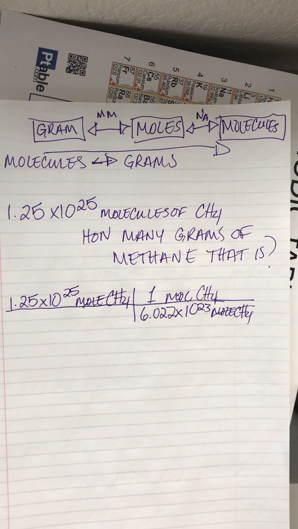So what's our next move going to be after this? Oh, we gotta go from moles to grams. So what do we need to do to get to grams from moles? We need to find the molar mass, right? Yeah.